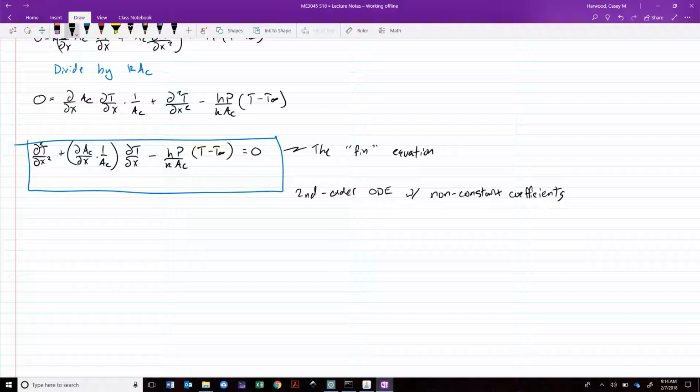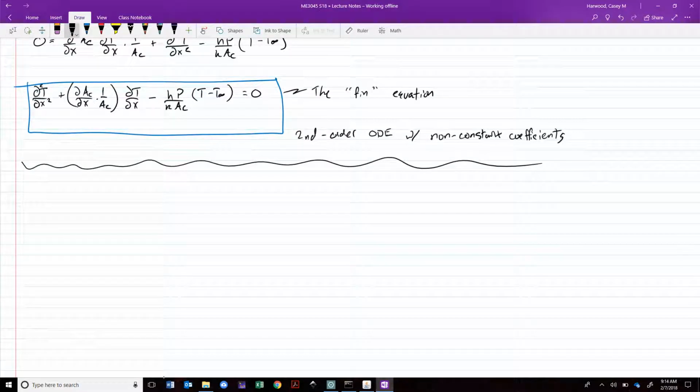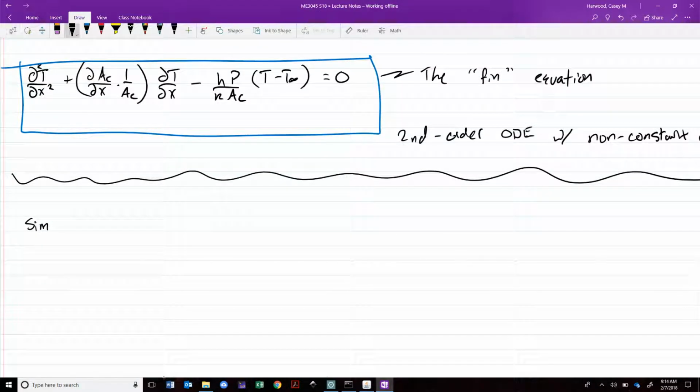You have to pick trial functions and start using some more advanced methods for solving it. So what we're going to do is talk about the solution for a simplified fin with a constant cross section.